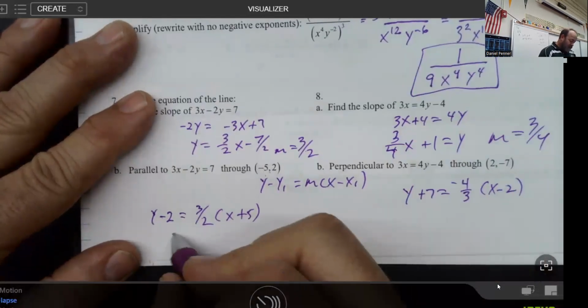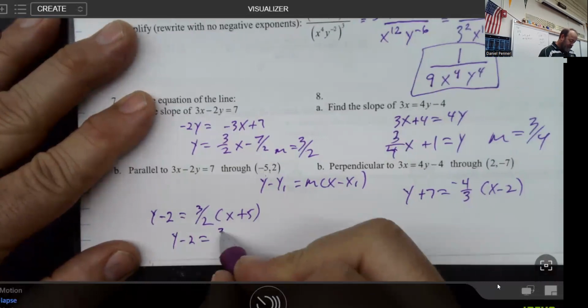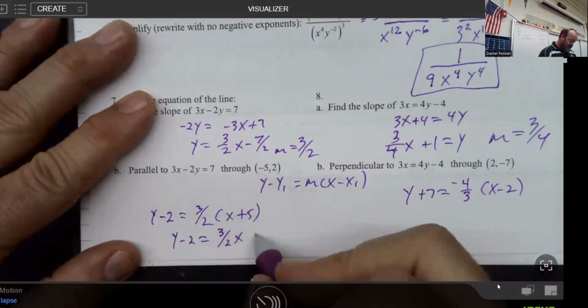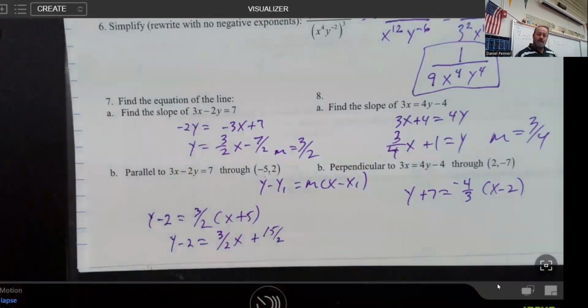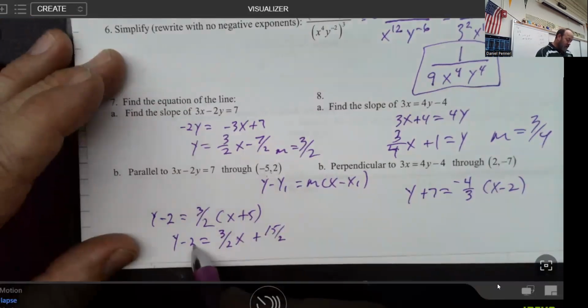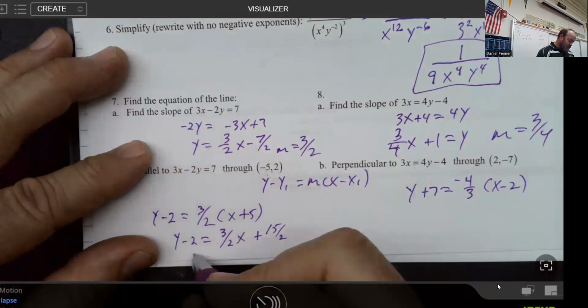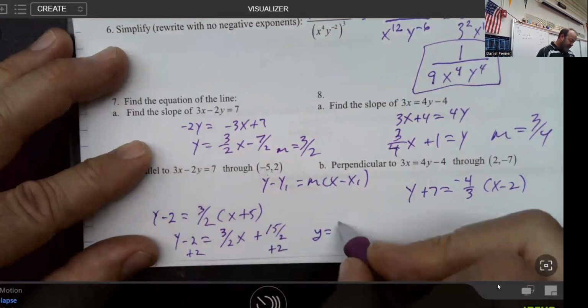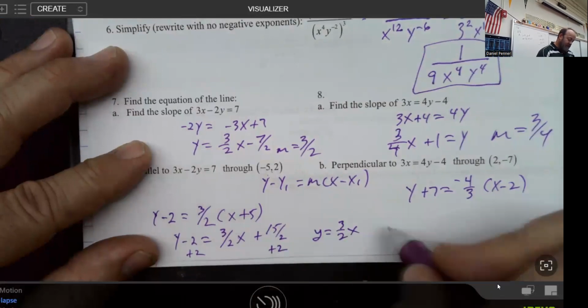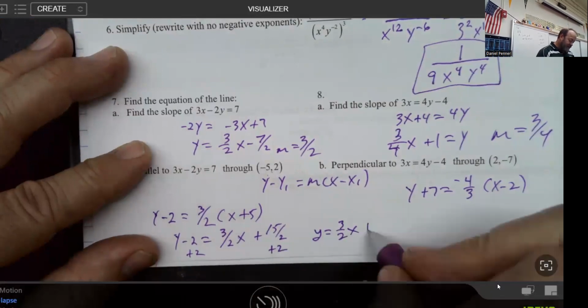So if I were to distribute 3/2 times x and 3/2 times 5, the only thing I have left to do is add 2 in the form of 4/2 to both sides. Remember, 2 is 4/2. So if I added 2 to both sides, this would cancel out. 3/2 x, 15/2 plus 4/2 is 19/2.